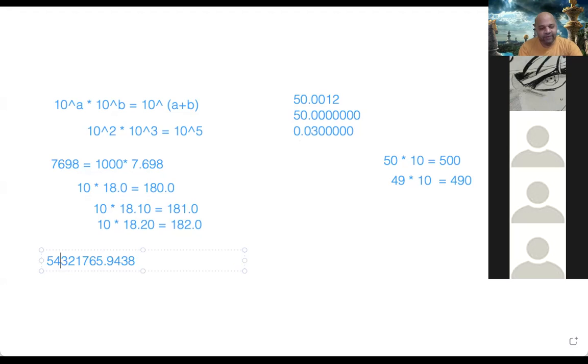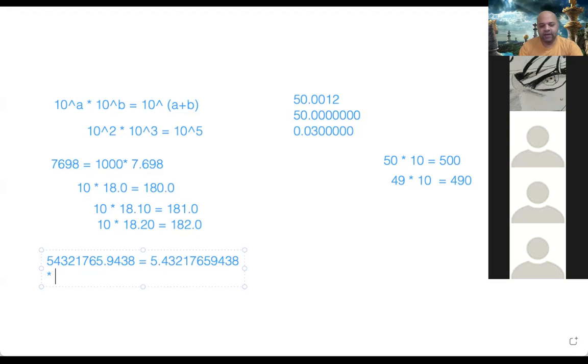Whatever this number is, you see where the decimal point is after so many digits. I want to have it after the first digit only, always. I will not remove any number, I will just shift the decimal point. 5.432176599438. See, I have not dropped any of the digits, and it is multiplied by whatever the number is. How many places did I shift? 1, 2, 3, 4, 5, 6, 7.